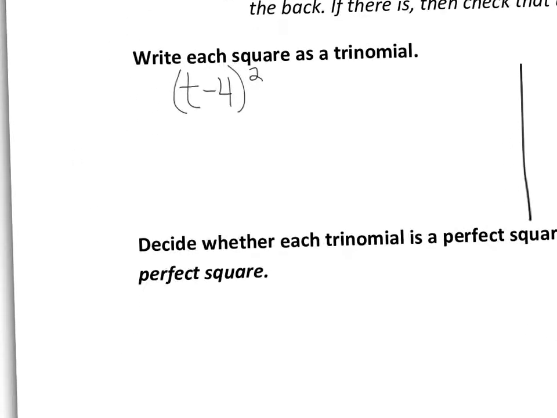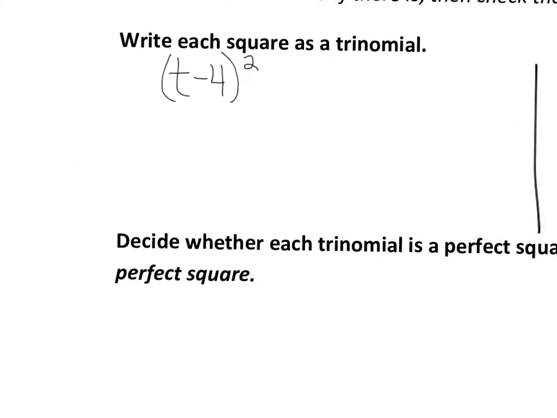So for this example, if we follow that factoring pattern, I'm going to square my a, but in this case, my a is t. So my first term is going to be t squared. Since it's t minus 4, I'm going to subtract my middle term. And my middle term is equal to 2 times a, but we just clarified that a is t, times b, which is 4.